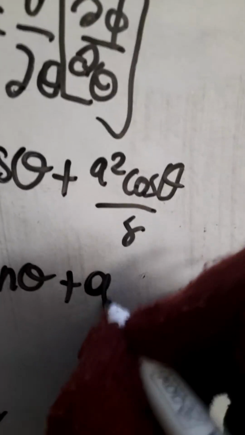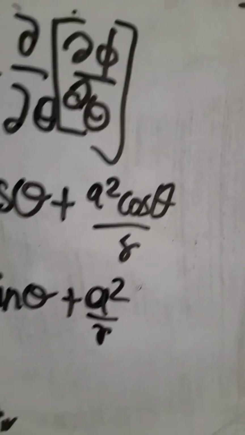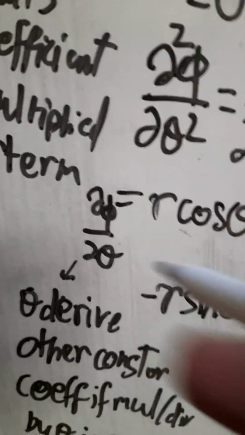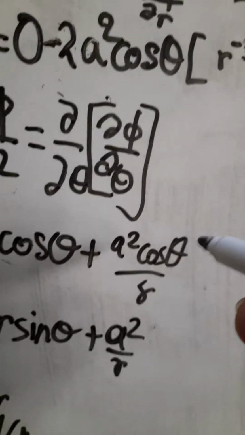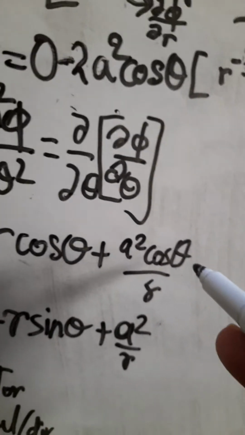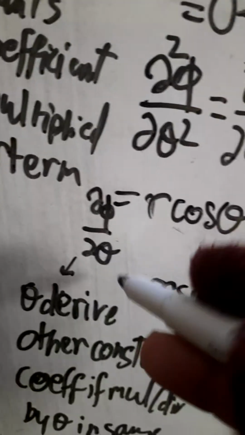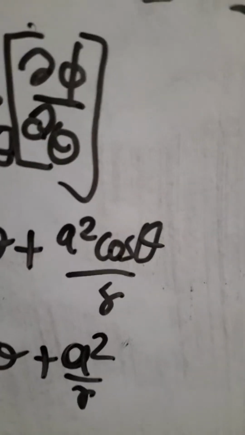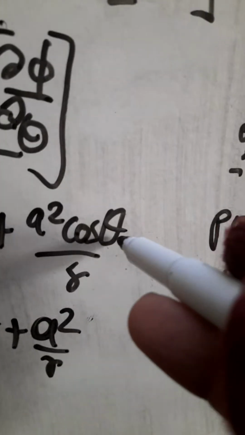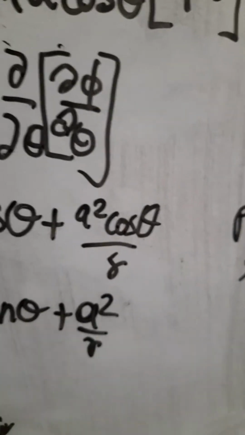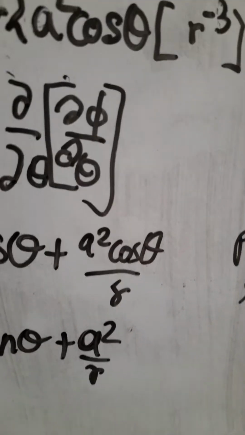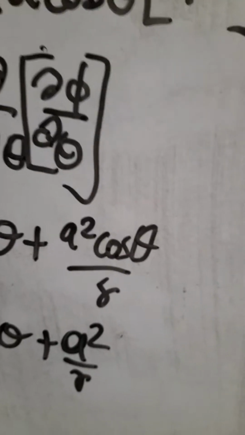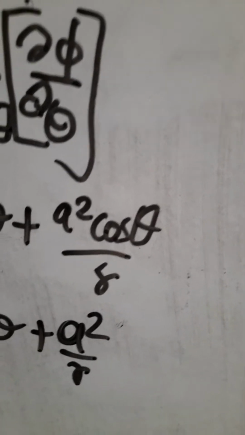Plus, what is it here: a square by r is a coefficient, because a square and r are both different from theta, they are constant, but since they are multiplied with cos theta, which is a function of theta, with respect to which we are taking the derivative, we have to consider this as a function and take its derivative. Same term, same variables, so treat it as a function.